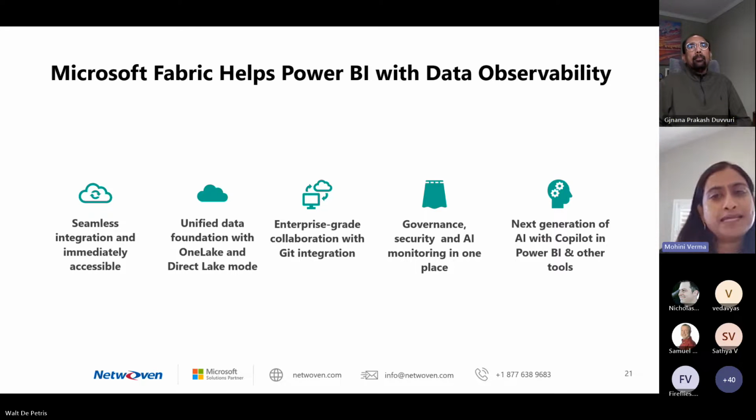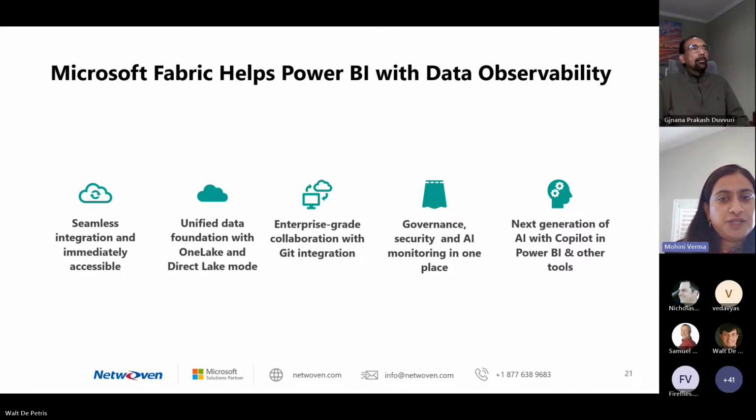So OneLake is basically the foundation for all the Fabric data items, and everything becomes possible because OneLake is the single unified logical SaaS data lake for the whole organization. OneLake comes automatically provisioned with every Fabric tenant, and there's no infrastructure to manage.